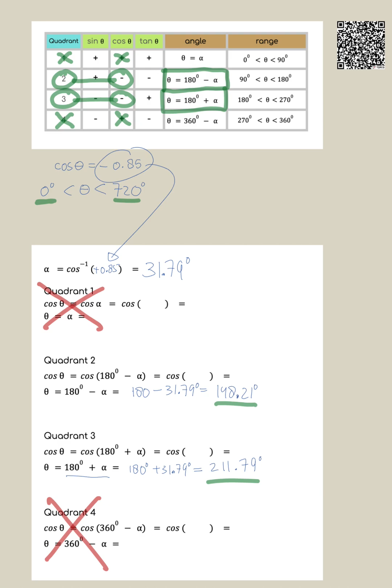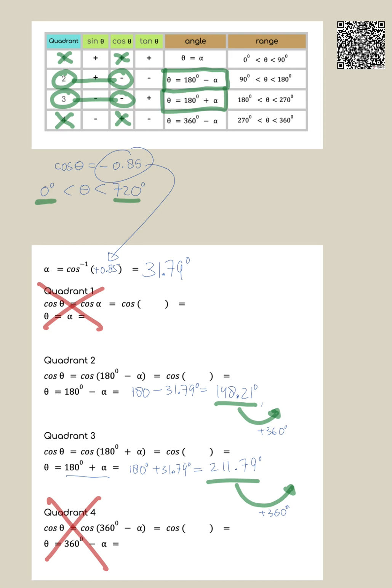We can keep adding 360. Then we can simply press our calculator. 360 plus 148.21.